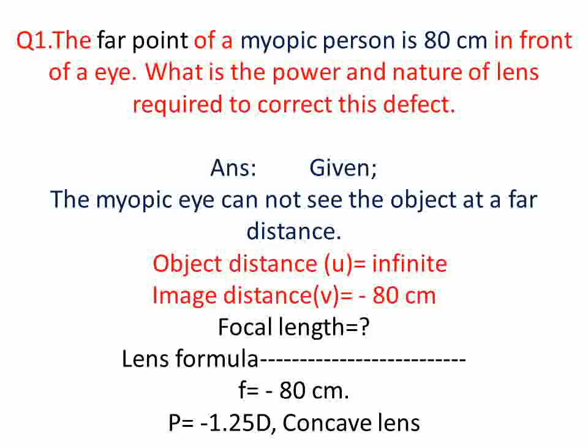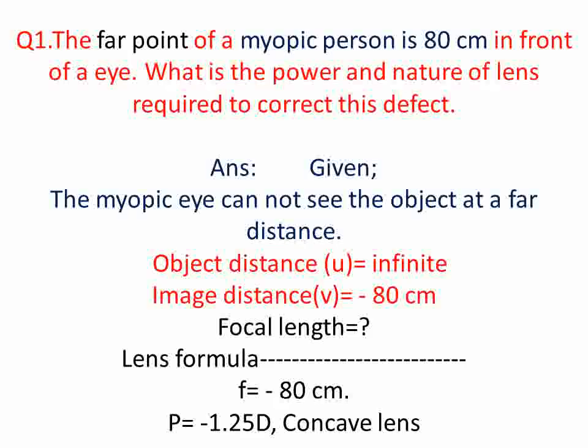Then using the lens formula, 1 upon v minus 1 upon u is equal to 1 upon f, with object distance u equal to infinity and image distance minus 80. According to sign convention, the focal length is minus 80 cm. Power is the reciprocal of focal length.